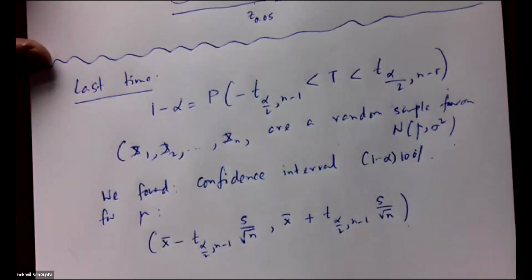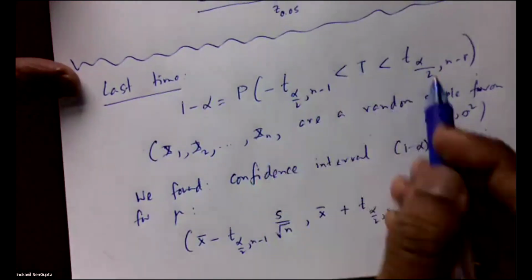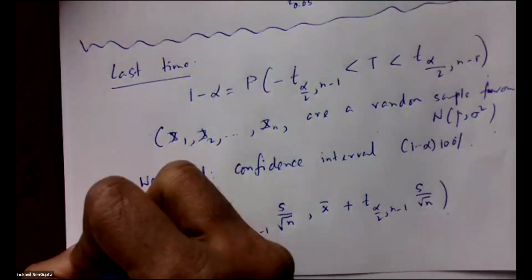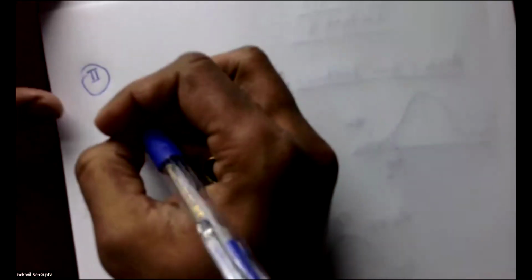Now, what happens for the case when the samples are not drawn from the normal distribution? So we have also seen that in that case, let me just write this as number 1. I'll refer to it later today. And number 2 is, suppose that we have any observations again.